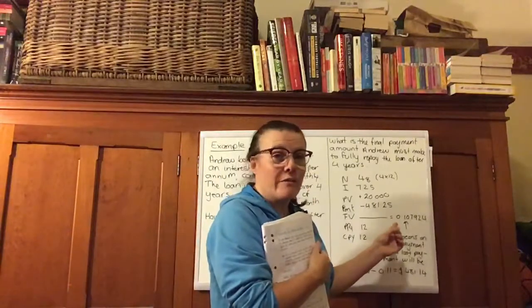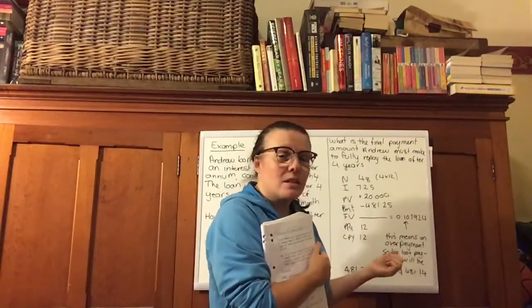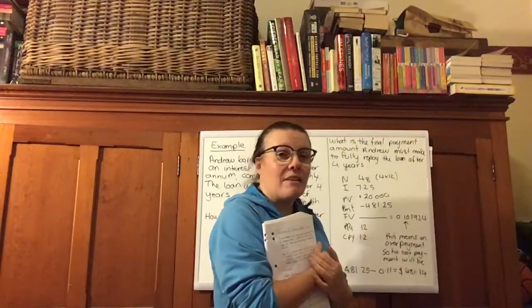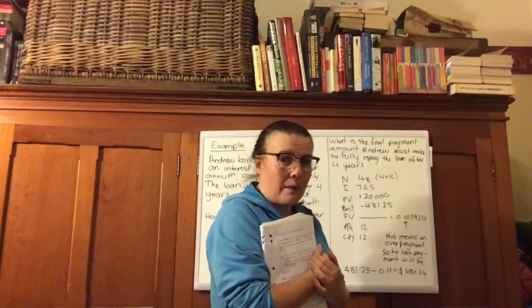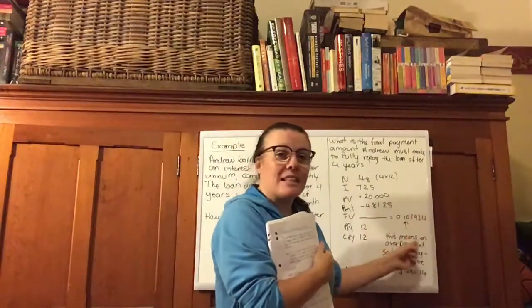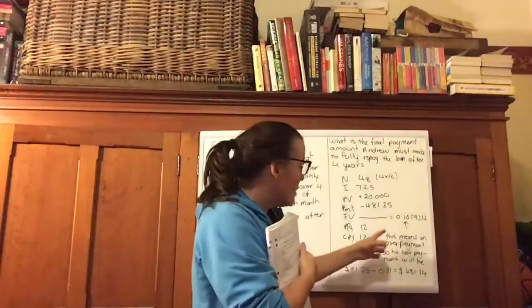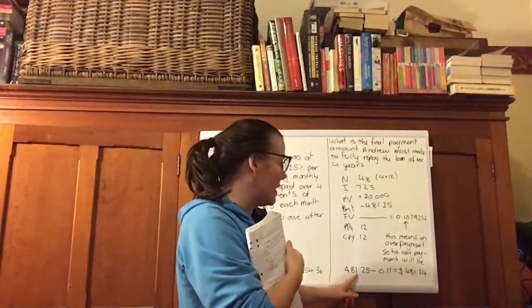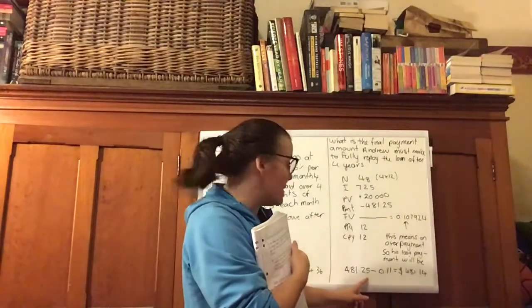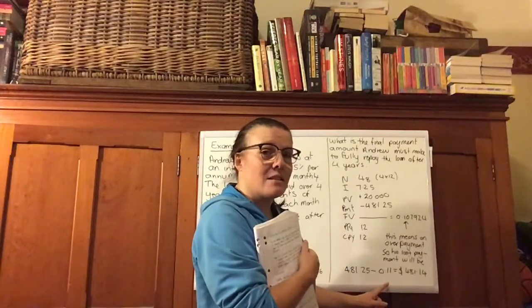It's positive. So his final payment has to be 11 cents less than what it should be. Otherwise, he's going to make an overpayment. So we need to take the payment amount of $481.25 and subtract the 11 cents.